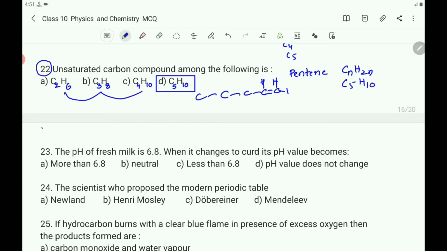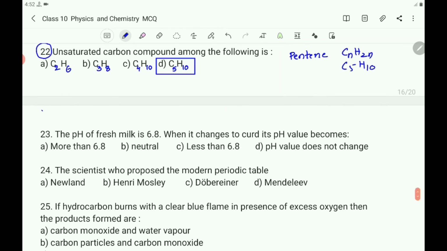Here one more will be there. Now you count 1, 2, 3, 4, 5, 6, 7, 8, 9, 10. Here there is a double bond between a pair of carbon atoms. So one double bond is there and it is an unsaturated hydrocarbon. So C5H10 is the unsaturated hydrocarbon, that is pentene.